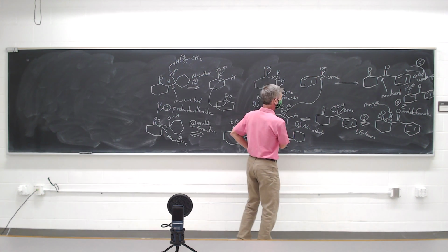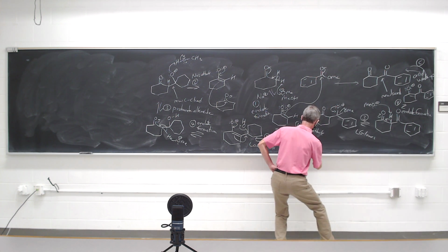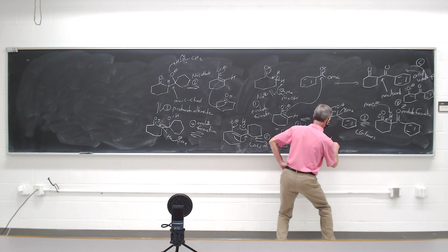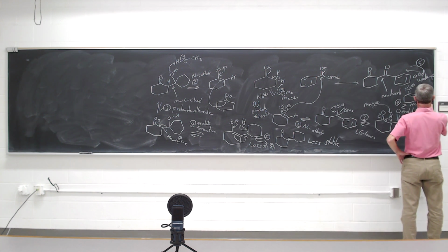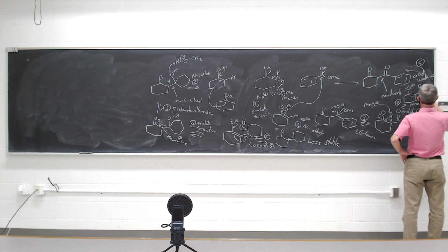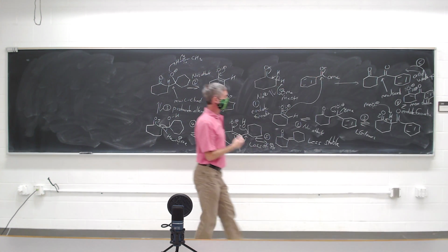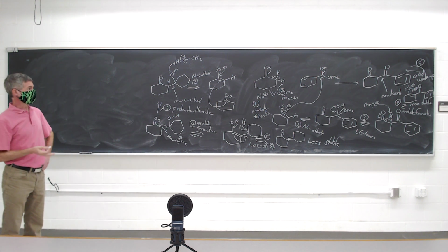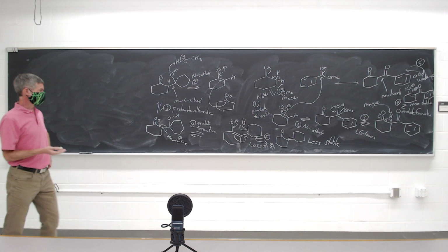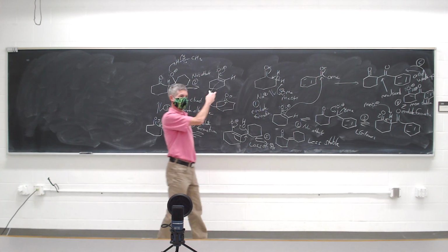But this is significantly less stable than this. That salt of the final product, the salt of the beta diketone, is more stable than this. So this reaction is going to happen, but it's going to keep reversing.